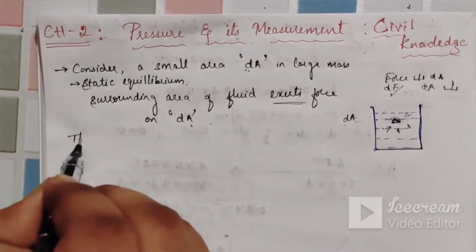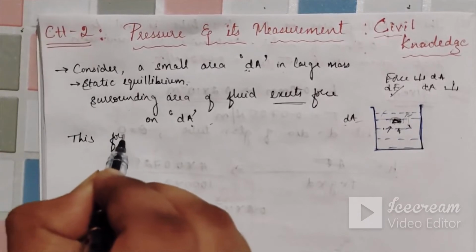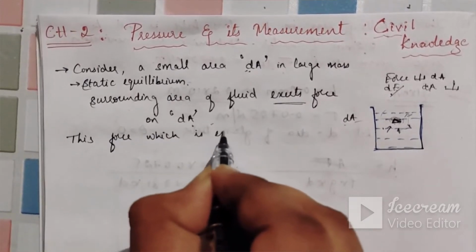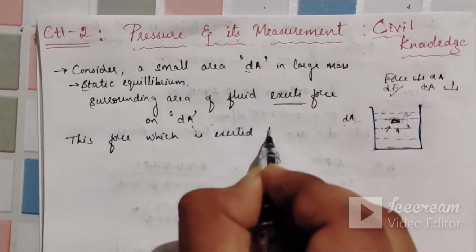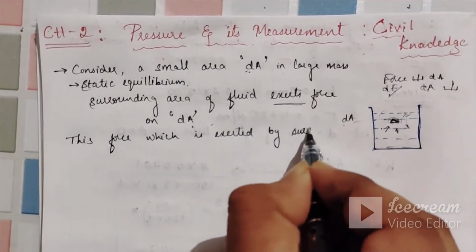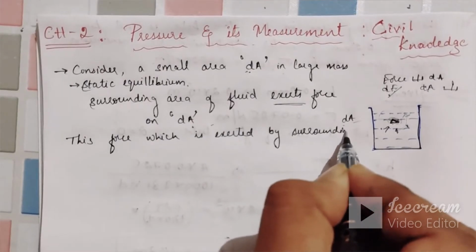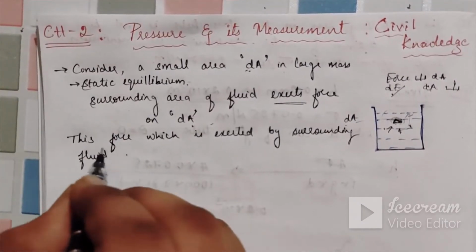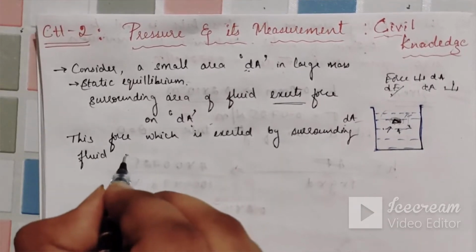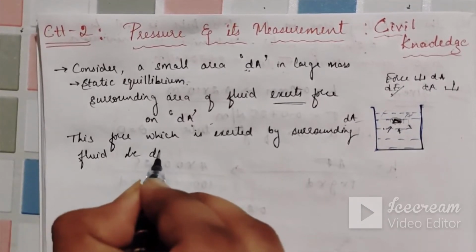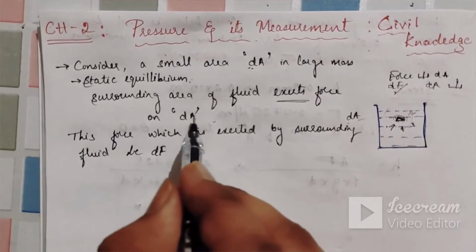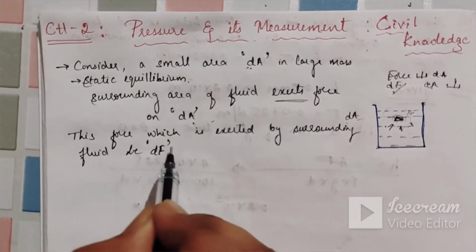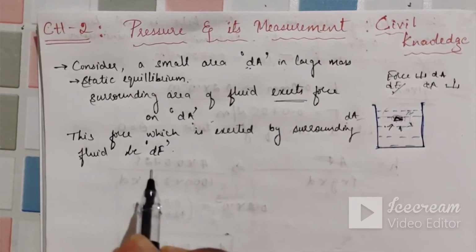This force which is exerted by the surrounding fluid, we call it dF. So on the small area dA, the force be dF, a small force dF.